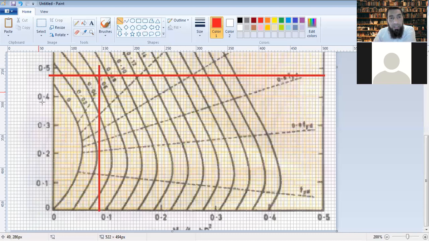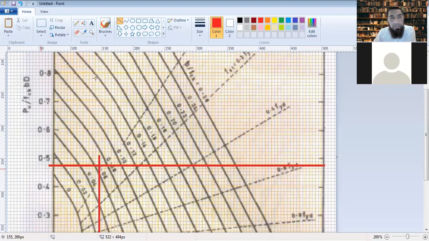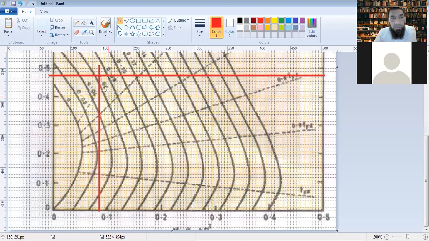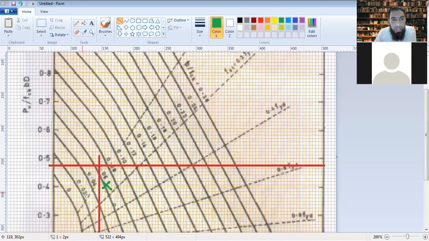The interaction between these two is happening somewhere near this curve. What is this curve? This is 0.02, this is 0.04, then you have 0.06. So the interaction is happening close to 0.06. Now, this is p by fck equal to 0.06.